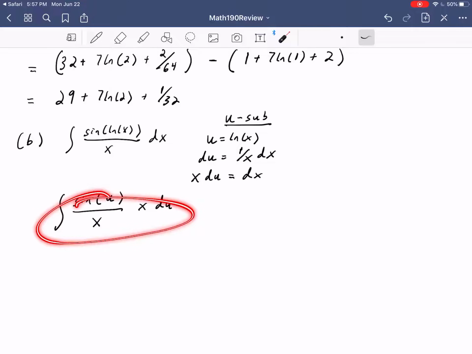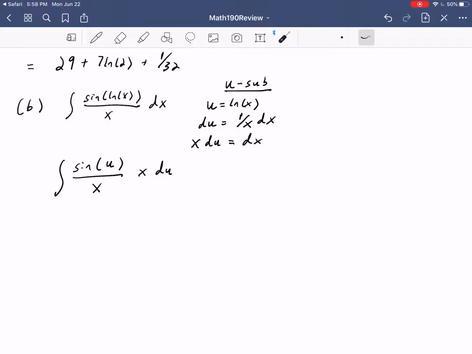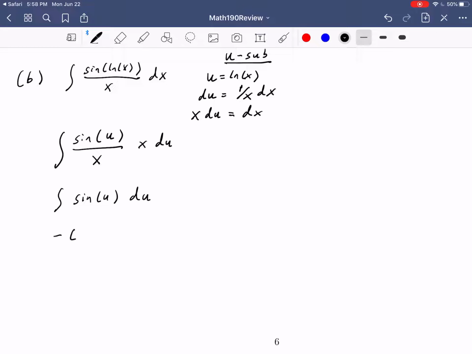So before you actually can integrate here, you have to make sure that the original variable, x in this case, is completely canceled out or completely substituted for. Luckily here, we can see that this works pretty nicely because we can cancel those x's. So this simplifies to sine of u du. Then we can integrate. We should get negative cosine u plus c.